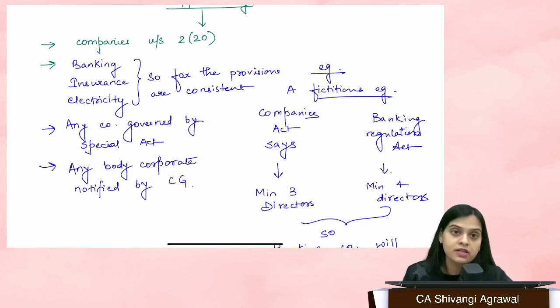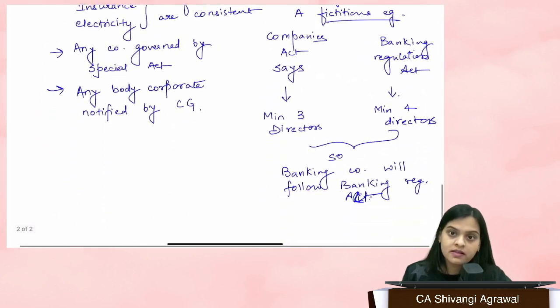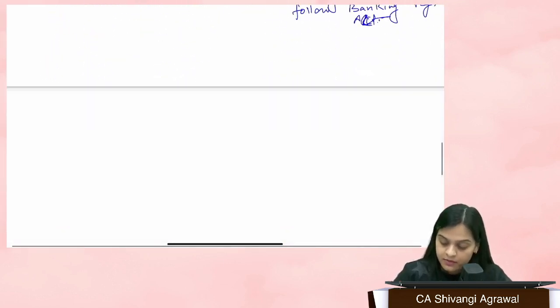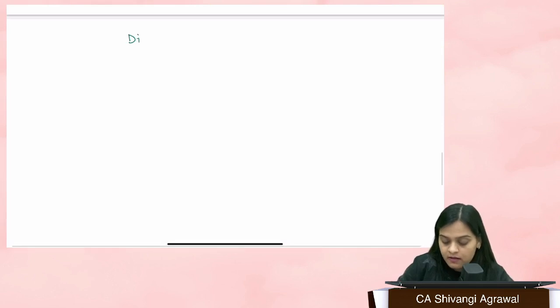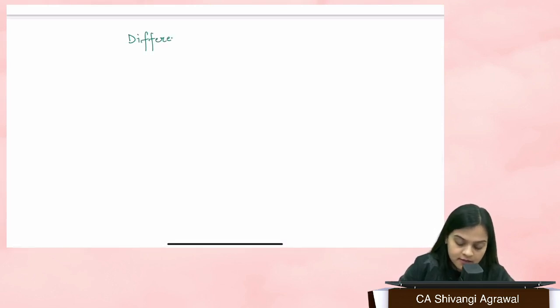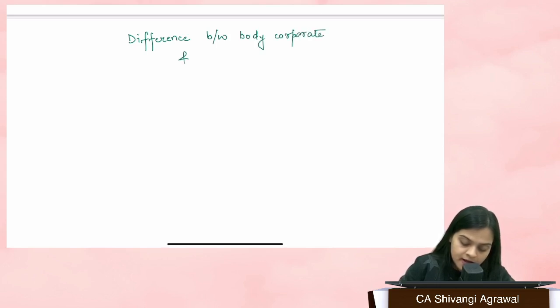CG stands for central government. So this is basically the applicability. Now the next heading, just for understanding, difference between body corporate and company, only for understanding.